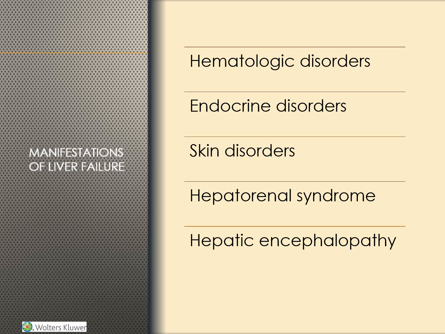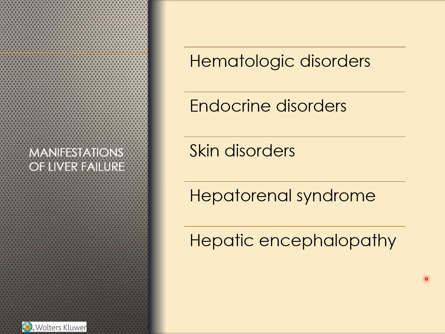So again, manifestations of liver failure, hematologic disorders are really important here. So things like coagulation factor loss because of the loss of protein metabolism. But we're also going to talk about some of the hematological disorders that can happen in liver failure because of sequestration of blood components in the spleen.